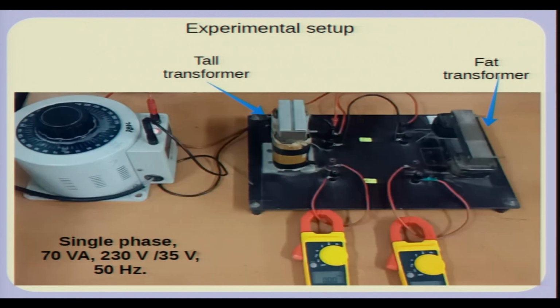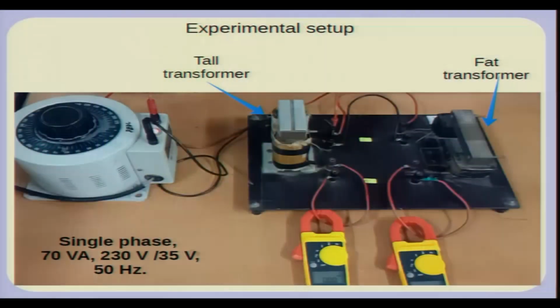Yeah. So, a simple test which can be done is to try to compute this leakage flux. To check that one has more leakage flux than the other, we can experiment by actually constructing these two transformers.